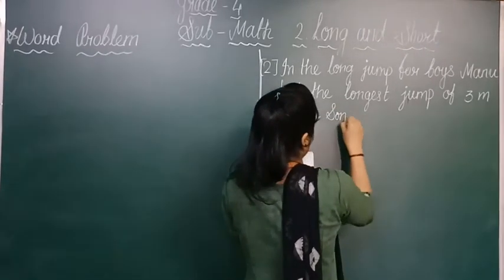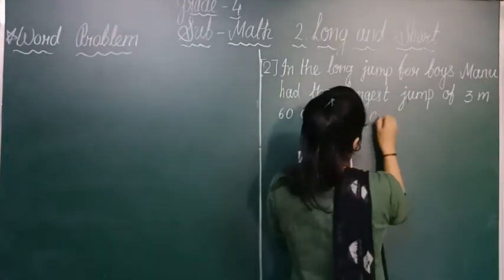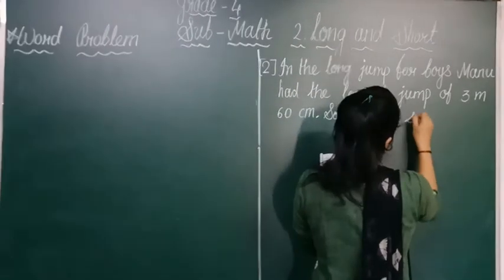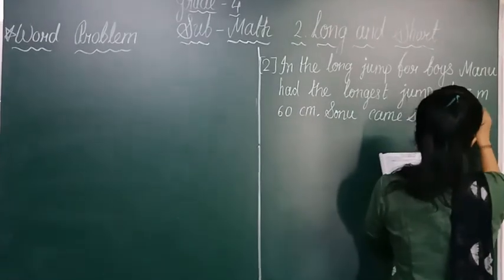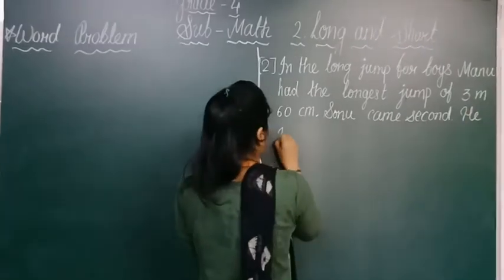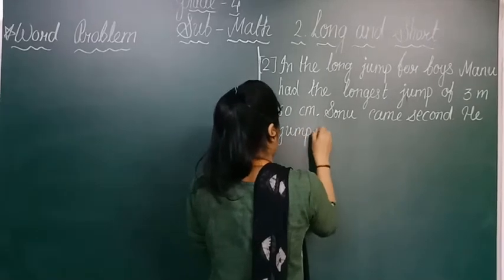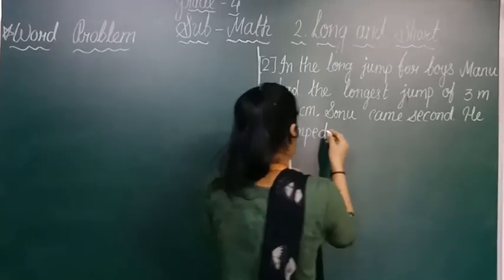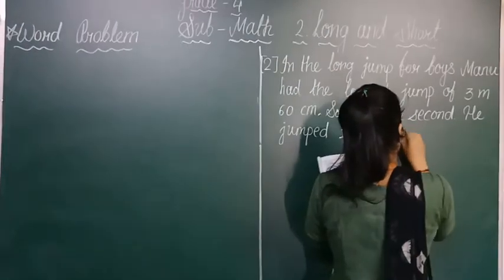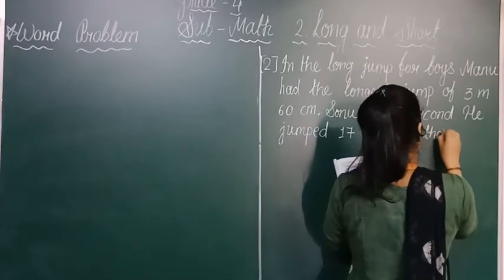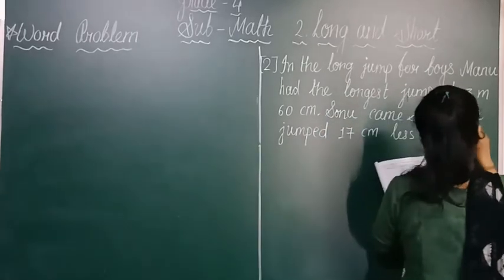Sonu came second. He jumped 17 centimeter less than Manu.